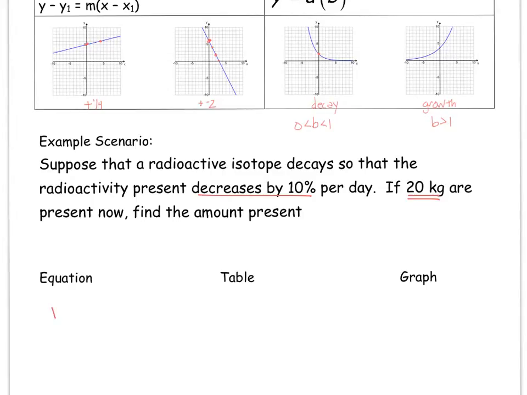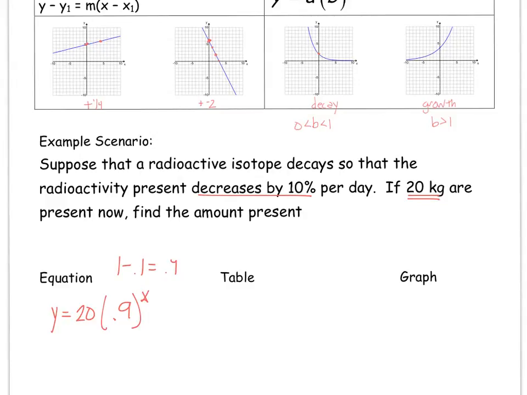So your equation, we start with 20, and you are going to multiply, it decreases by 10%. So if you decrease by 10%, that means you are multiplying, so this is going to be 1 minus 0.1, which is 0.9, to our x power.